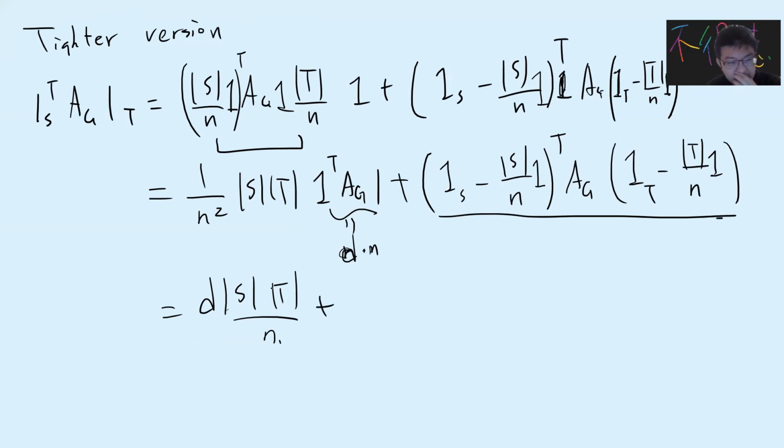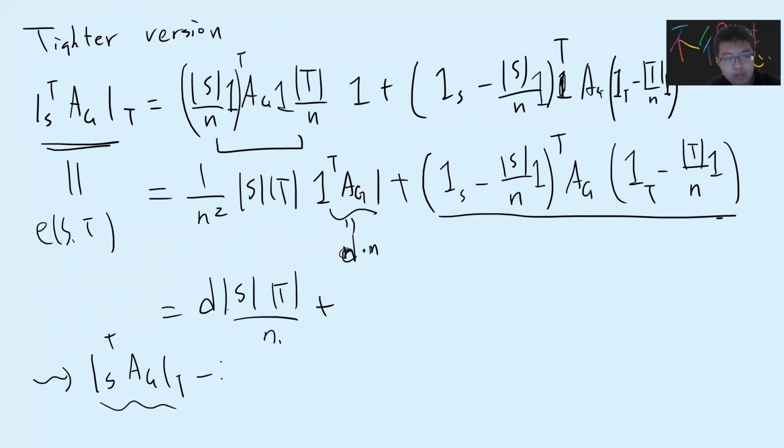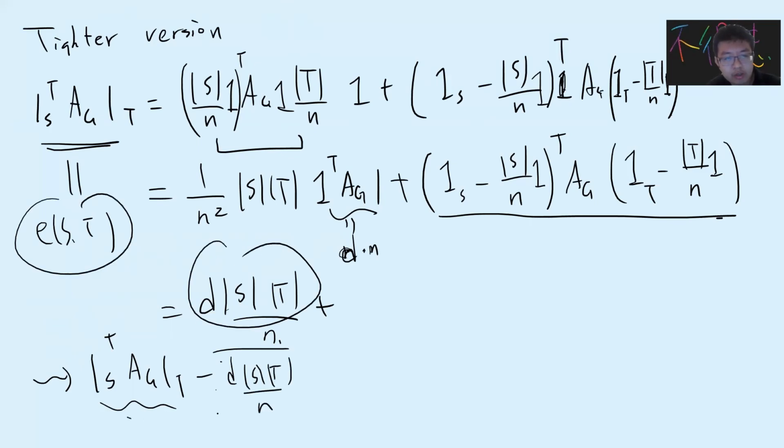Okay, so now you can see what this guy minus this guy is. 1_S^T A_G 1_T is actually what previously I said is E(S,T), right? So this guy minus d s t divided by n is actually equal to this guy.